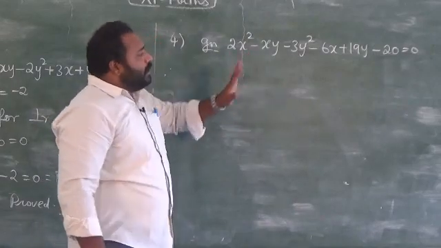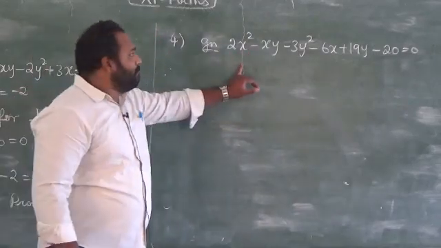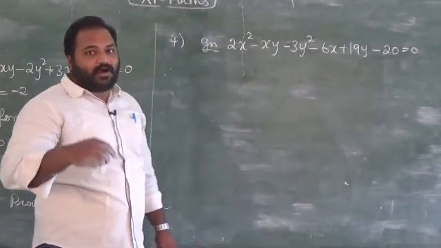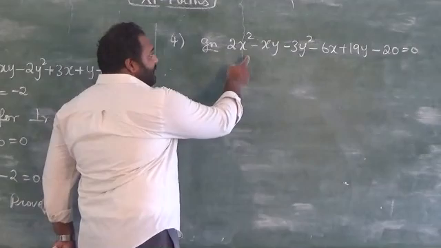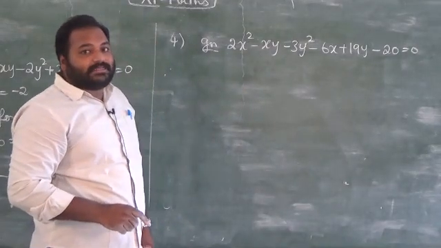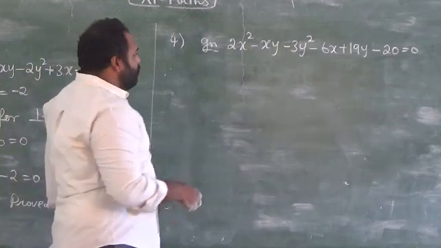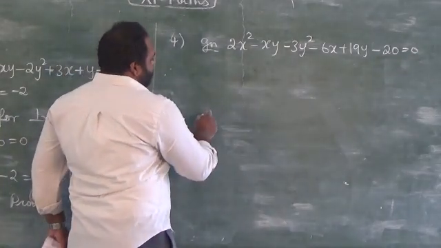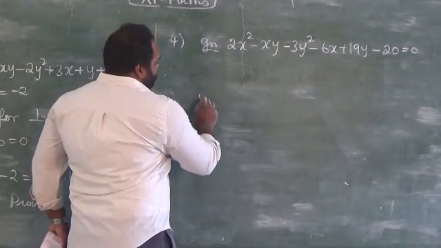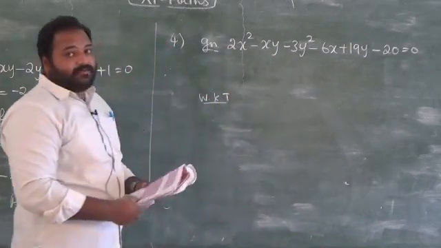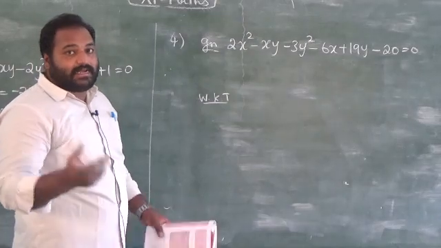Now if you want to show that it's a pair of straight lines or intersecting lines, we have a general form. If this equation satisfies the general form, we can say the given is a pair of intersecting lines. I gave 3 general forms, any one we can take and prove.